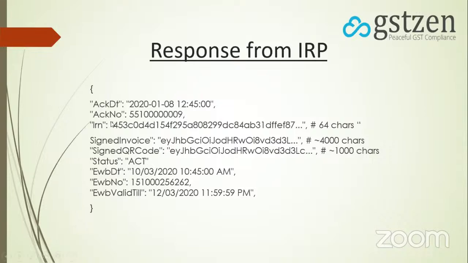It also gives the IRN, signed invoice, and signed QR code, which you can convert into an invoice or a QR code image. The status, whether it's active or cancelled. If you're generating the e-way bill simultaneously, you'll have e-way details as well. So you'll have the e-way date, number, and validity.